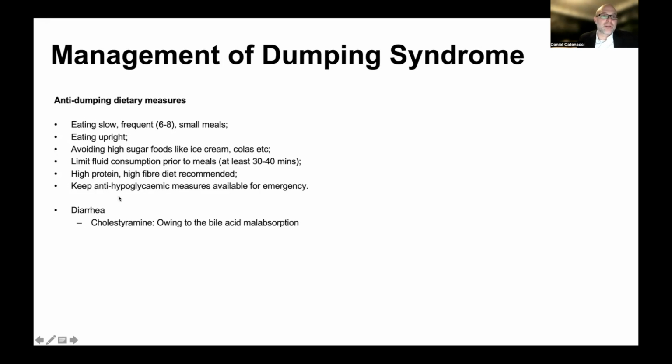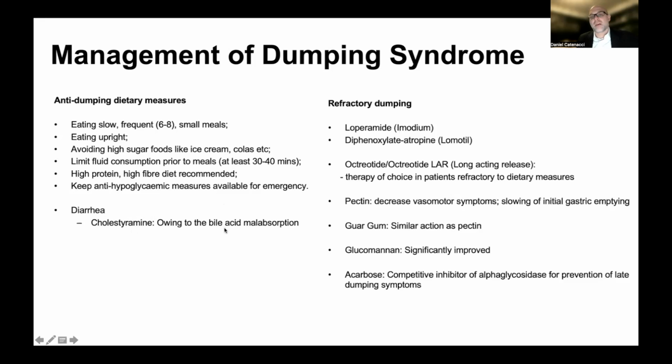Diarrhea can be caused by a number of different things, including these issues. Also, though, due to bile acid malabsorption, again because of the replumbing that's gone on there, some drugs like cholestyramine have been used to try and alleviate that with some success. However, if all of this stuff that you're trying to do is not helping, then there are a number of other things that one can try in the refractory setting.